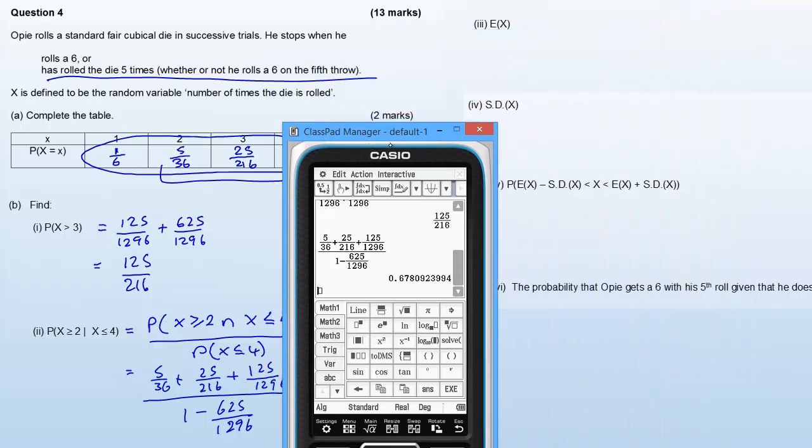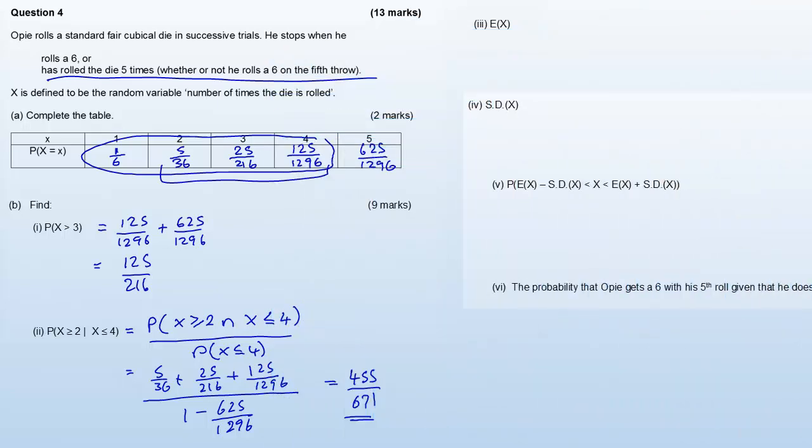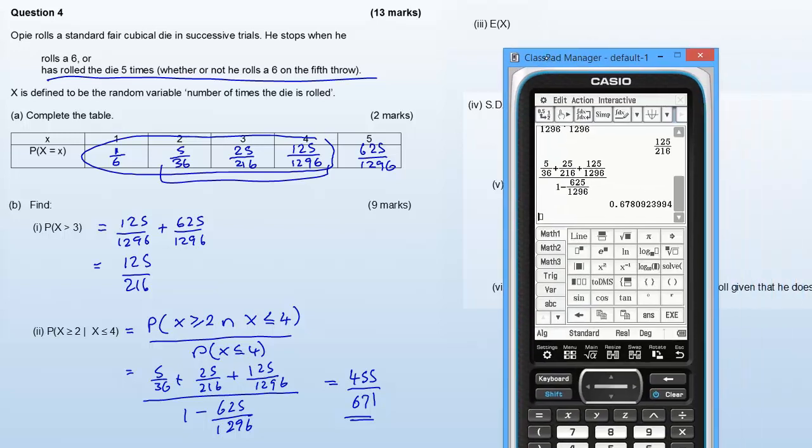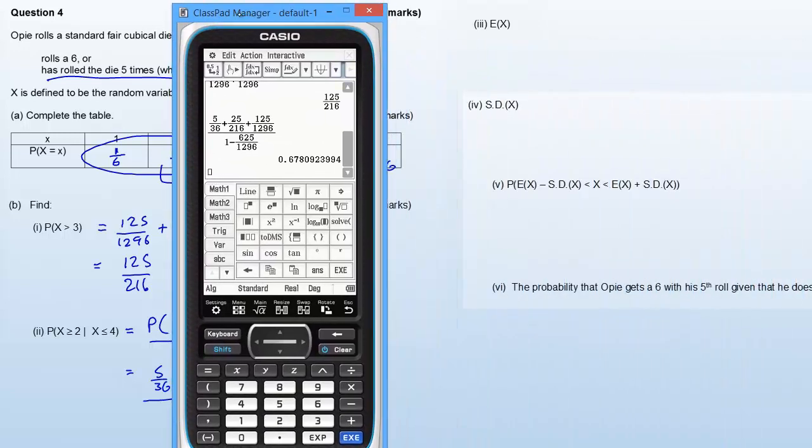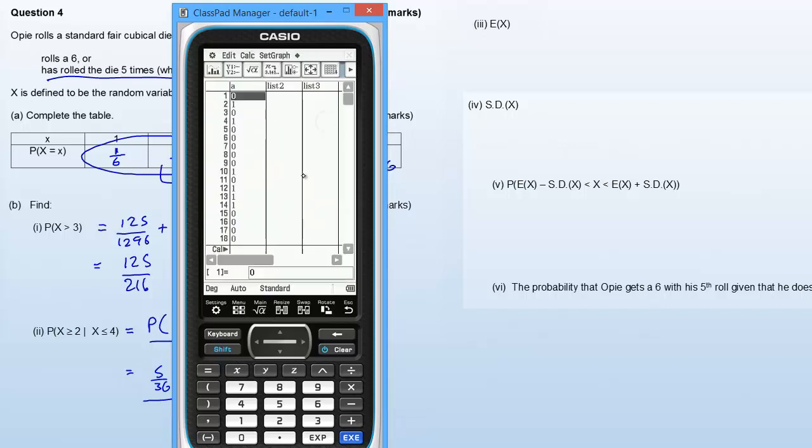Now we have the expectation of X and the standard deviation of X. It's a calculator paper, so I might be tempted to make use of that, and we could use the statistics module, I think, in order to do that.